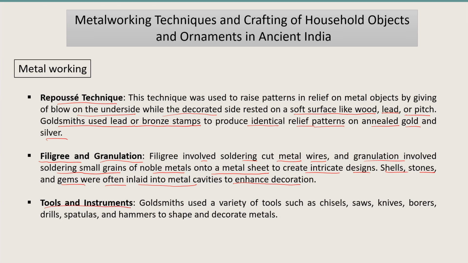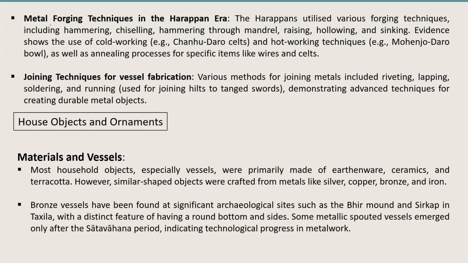Next is tools and instruments. Goldsmiths used a variety of tools such as chisels, saws, knives, borer, drill, spatula and hammers to shape and decorate metals.